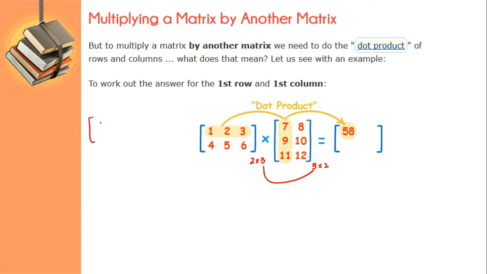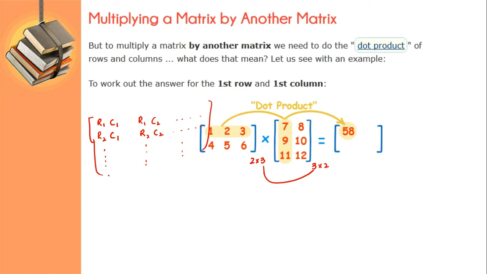Remember this formula for the multiplication: first row first column, first row second column, second row first column, second row second column. If we have more rows or more columns, we will add them accordingly.